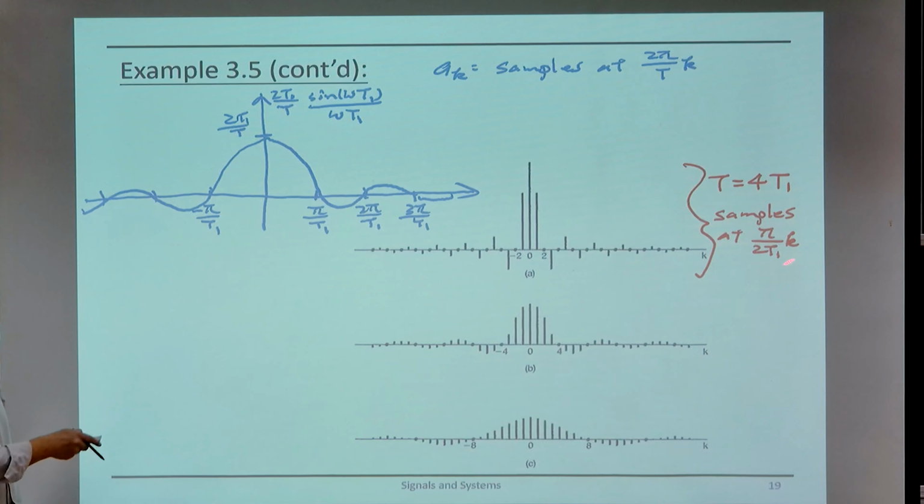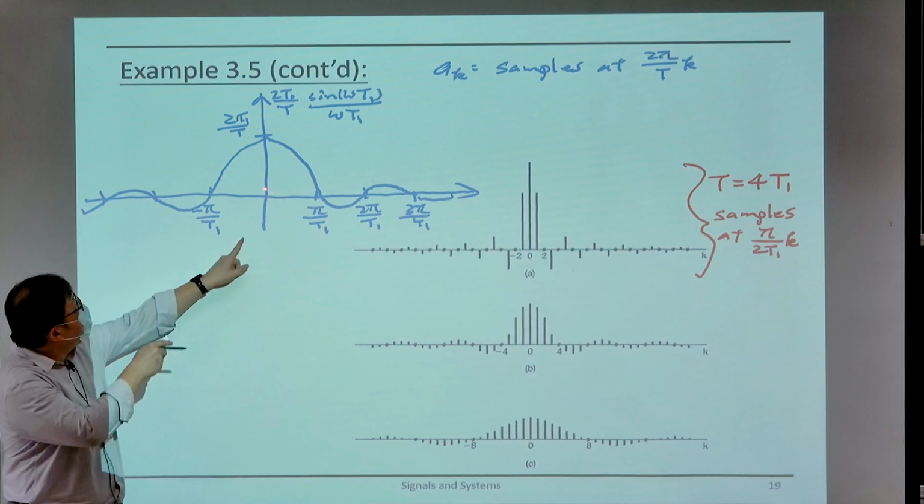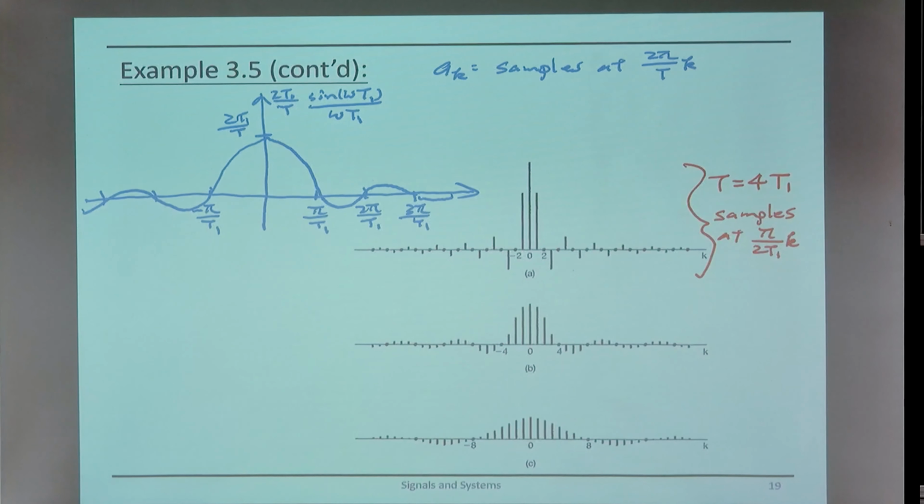When k is equal to 0, you sample at this point. When k is 1, you sample at pi over 2T1, which is this point. When k is 2, you sample at this point, and so on and so forth.